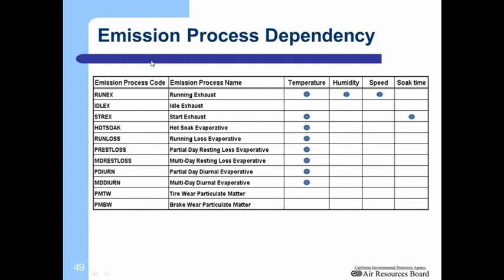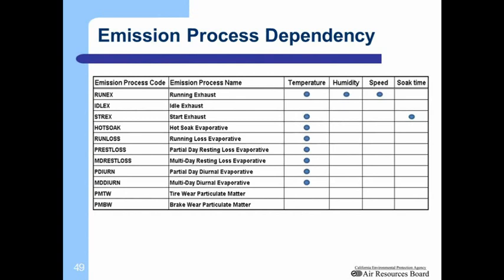As we will see later in the demonstration, the output emission rates are always specified by temperature, humidity, speed, or soak time. Depending on the process, emission rate may or may not vary by any of the 4 particular factors.